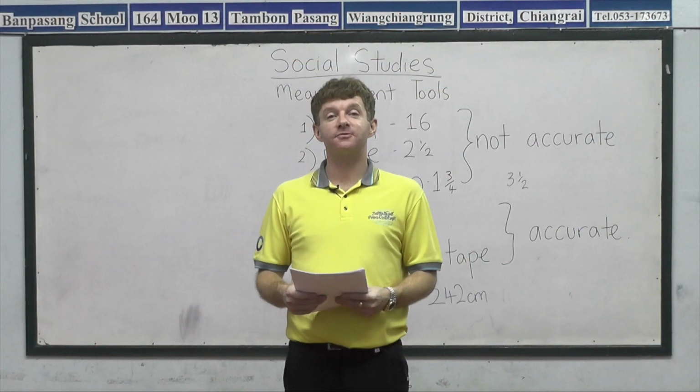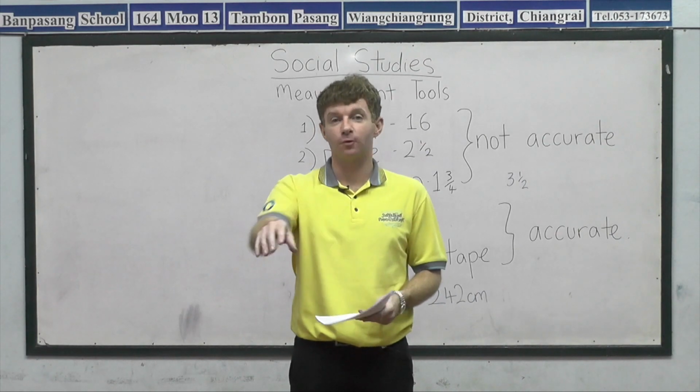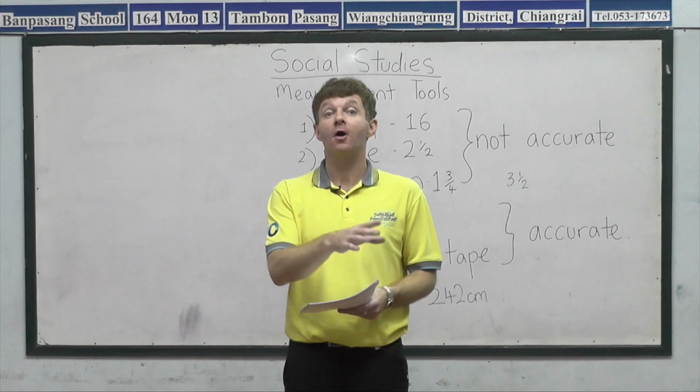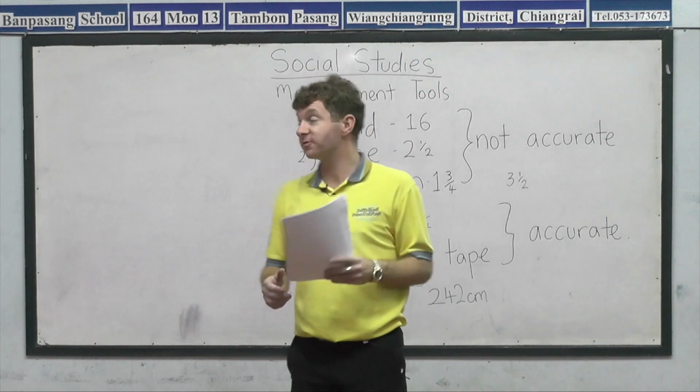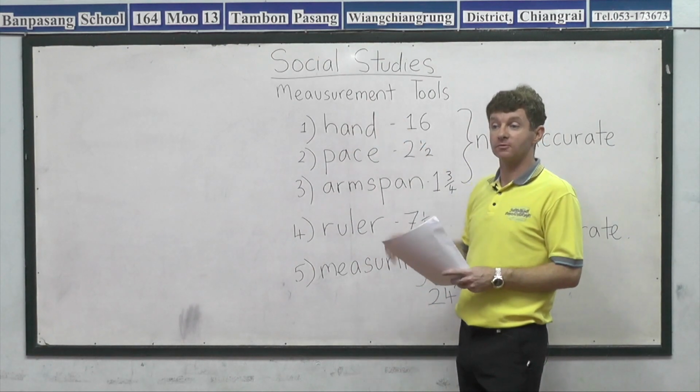Welcome back to class. We hope your students enjoyed the worksheet activity and had fun working out the distance of their desks using various measurement tools. So one more time today, guys, we've learnt about measurement tools.